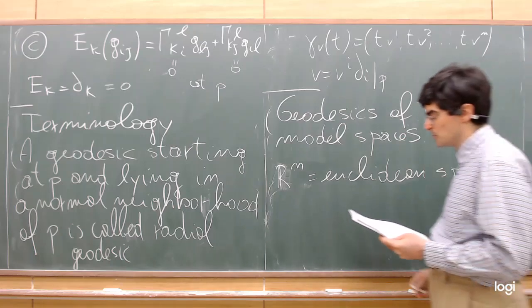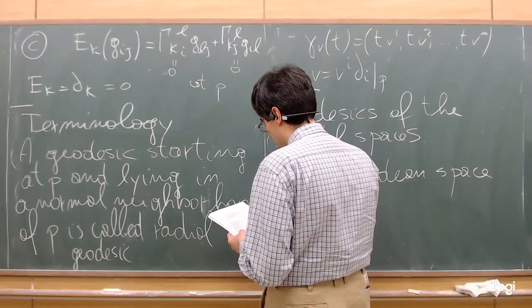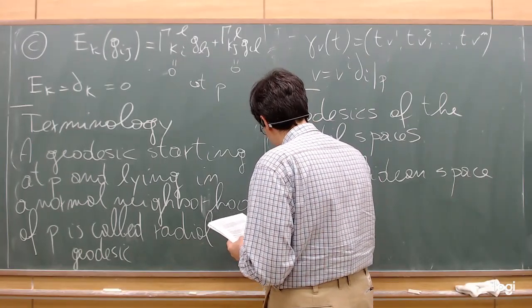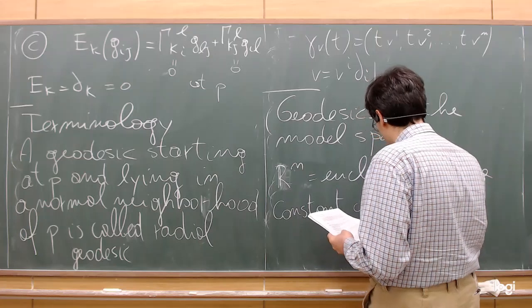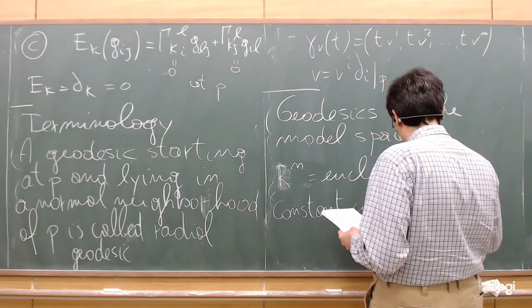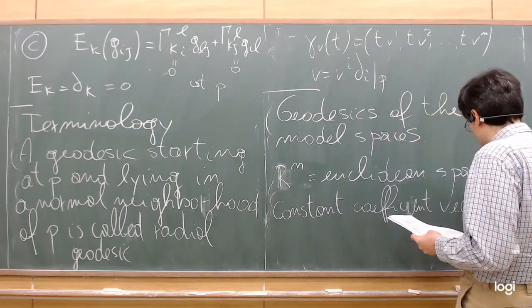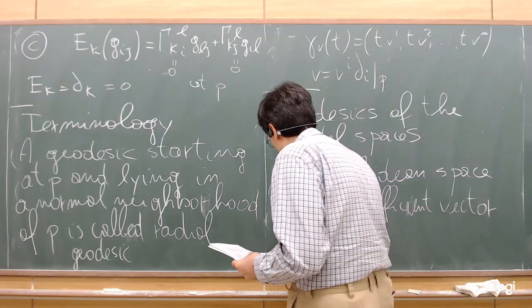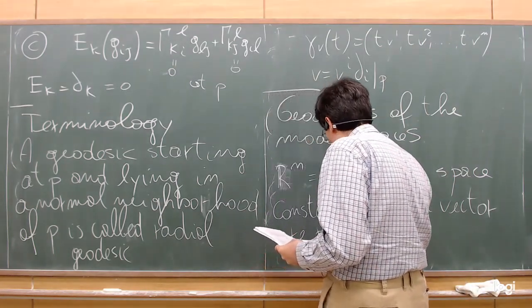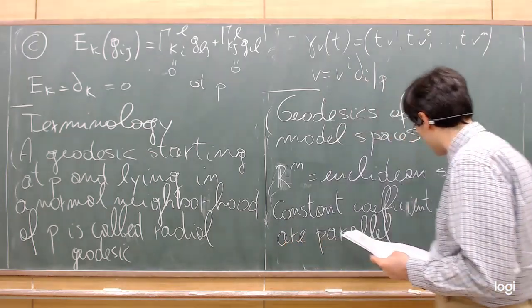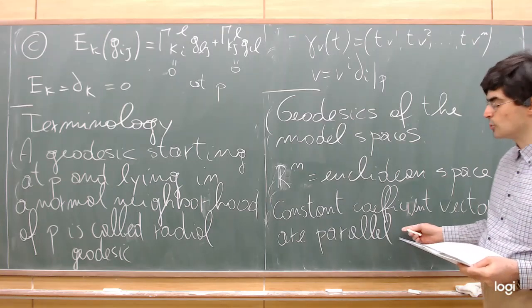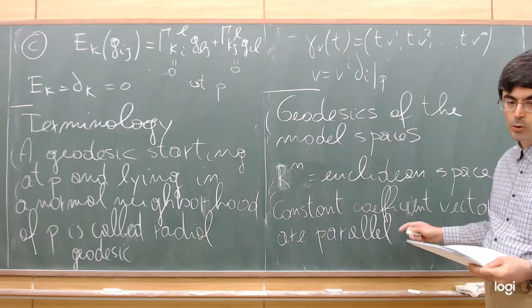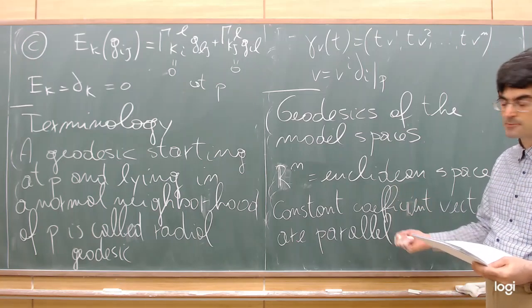Okay, first of all, we observe that constant coefficient vectors are parallel. This follows from the fact that the covariant derivative along a curve in the Euclidean space is a simple expression.